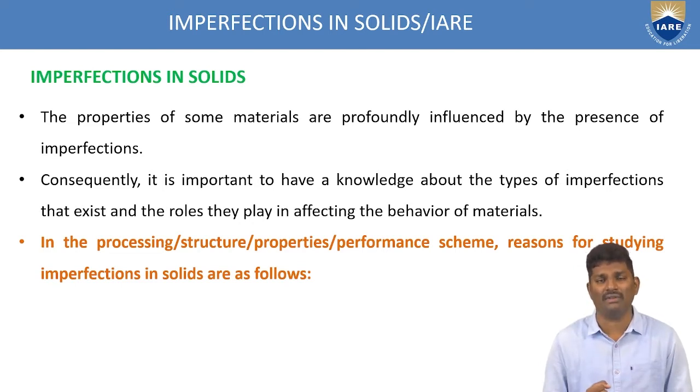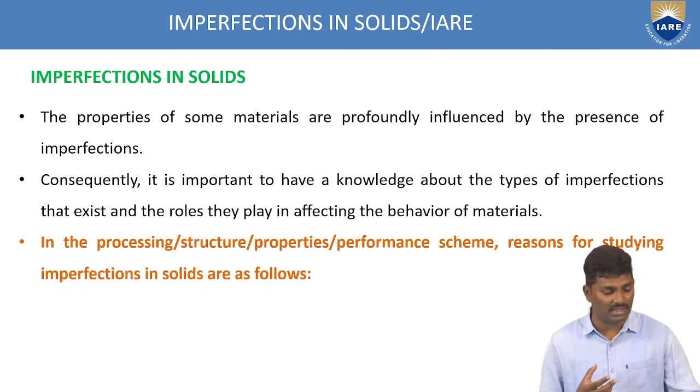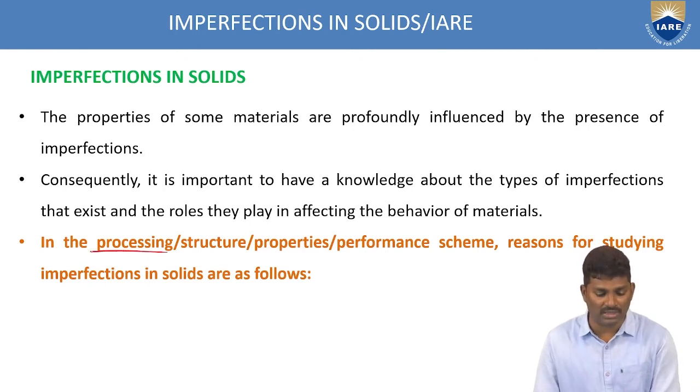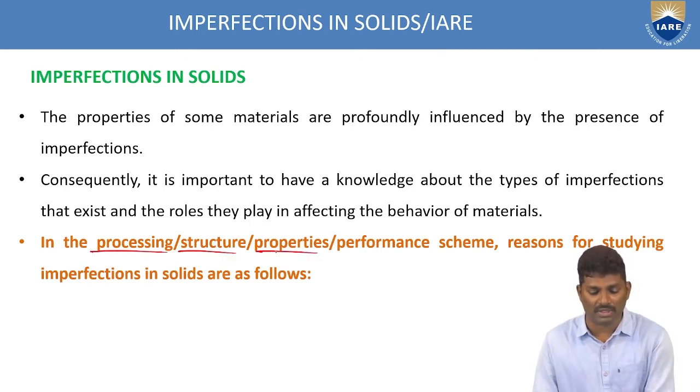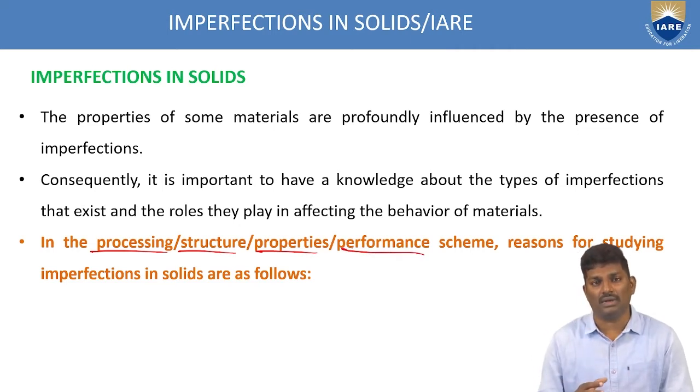That's why one needs to have the knowledge and the importance of these defects in order to identify what types of defects there are and how they affect the properties of the material. So, in this process, the structure, the properties, and the performance. How many things do we have here? Processing, structure, and properties, as well as the performance. These all depend on the defects in the solids.